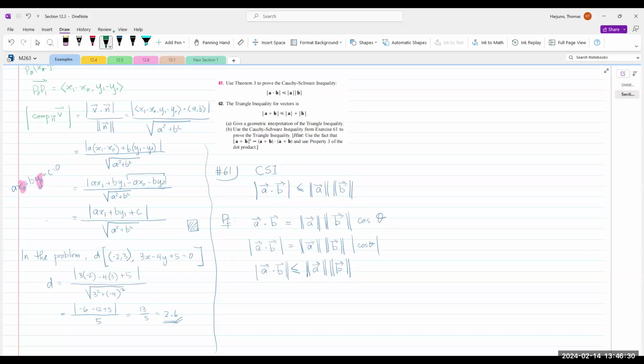Let me write it down. Since absolute value of cosine theta is less than or equal to 1, then we have that inequality. So this Cauchy-Schwarz inequality is actually easy to prove.